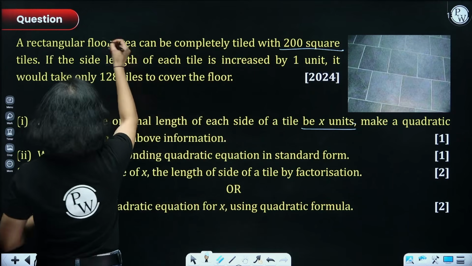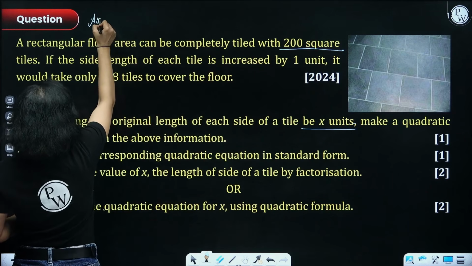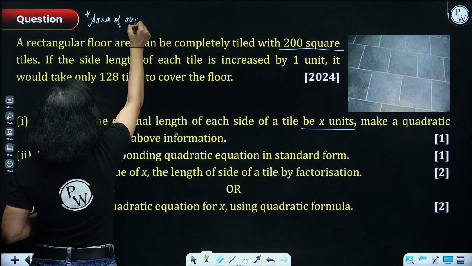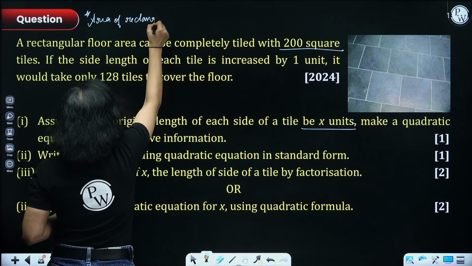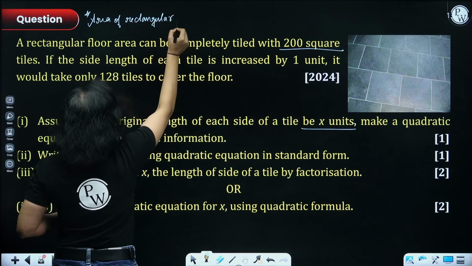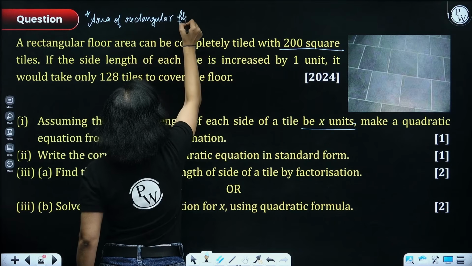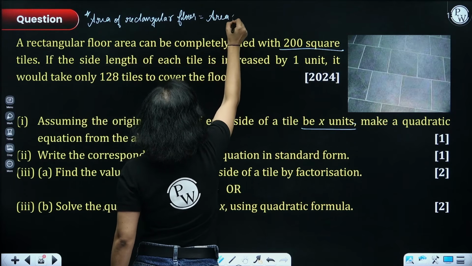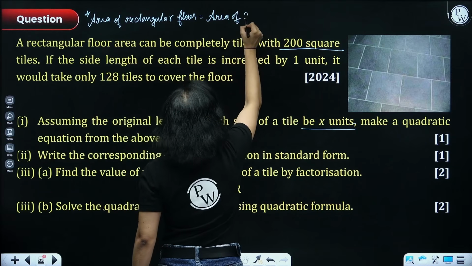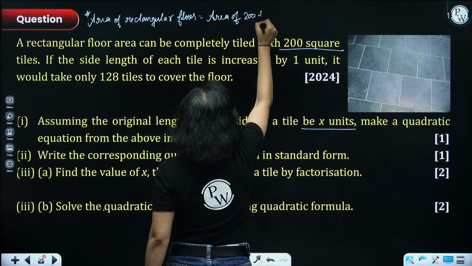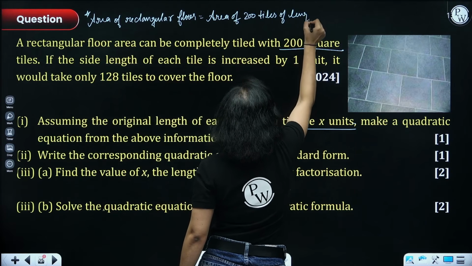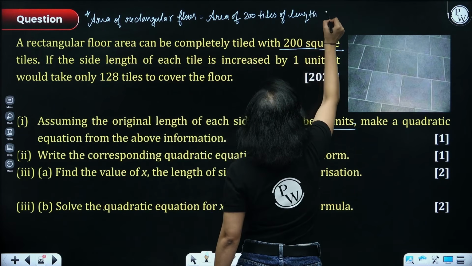So I'll write it here so that you people understand. This is the key, okay? Area of rectangular floor is equals to area of 200 tiles of length x, what?